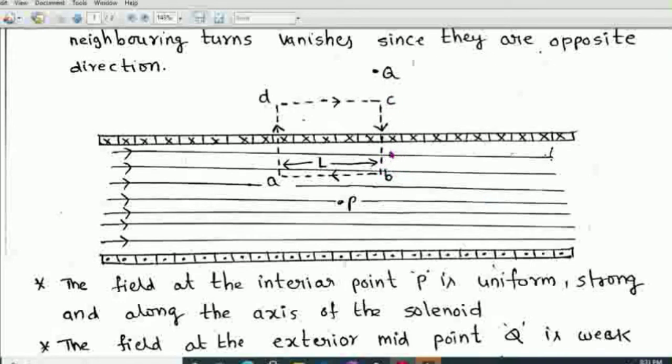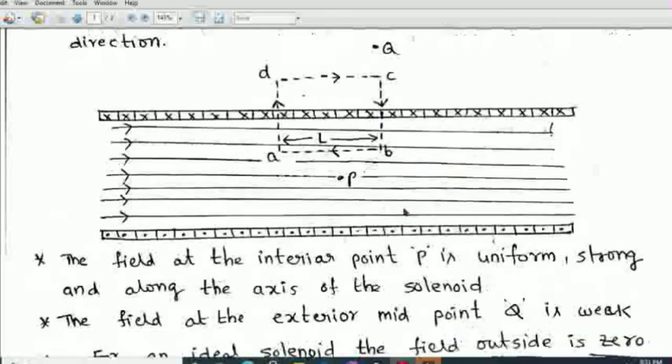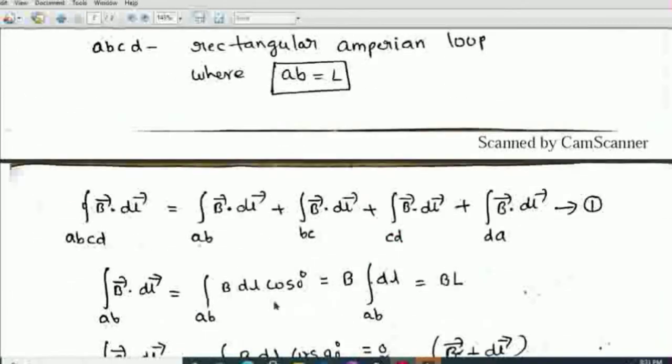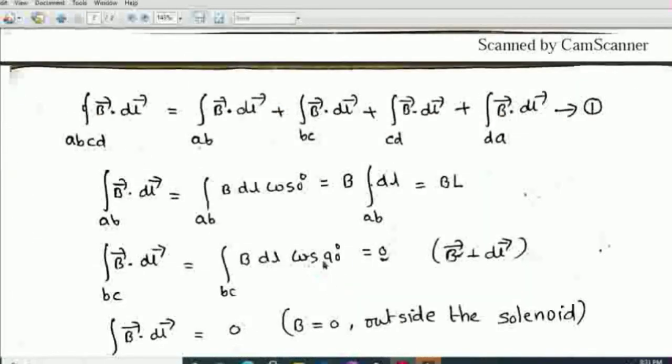The angle between the BC part, that is the dl length element, and this magnetic field is 90 degrees. Now we can consider here B dl cos 90. So cos 90 is 0, then the line integral of the magnetic field across the BC part is 0.